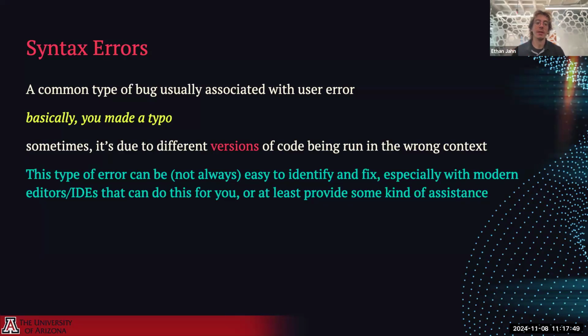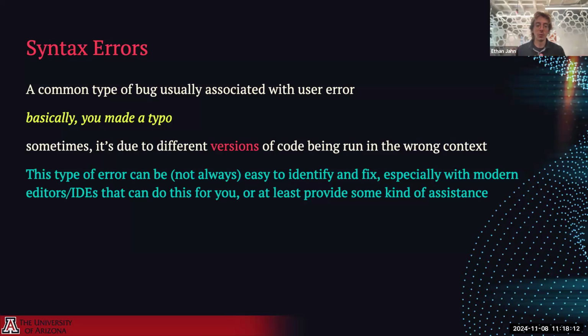So this type of error, as I mentioned, can, not always, but can be easy to identify and fix, especially with modern editors and IDEs. IDE, if you don't know, stands for integrated development environment. Sometimes the line between editor and IDE is kind of blurred at this point. VS Code would probably be considered an IDE because of all of its functionality.